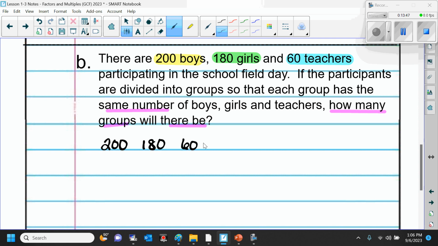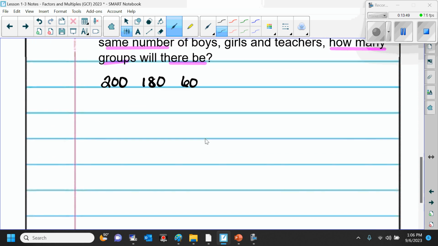All right, and we want to do prime numbers, right? So what is a prime number that I can divide into 200, 180, and 60? 2, right? We could do 5 also, right? Could I do 10? You could divide 10 into all of them, but it's not prime, right?